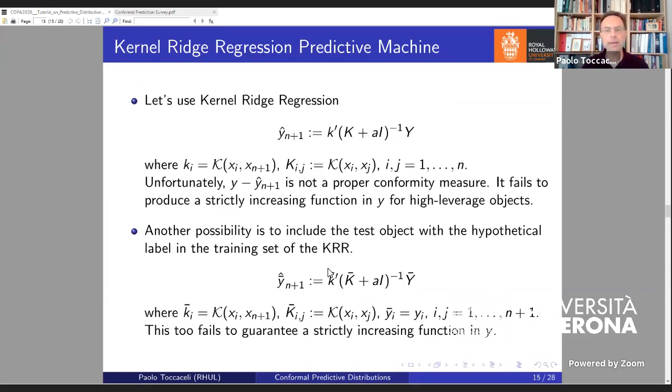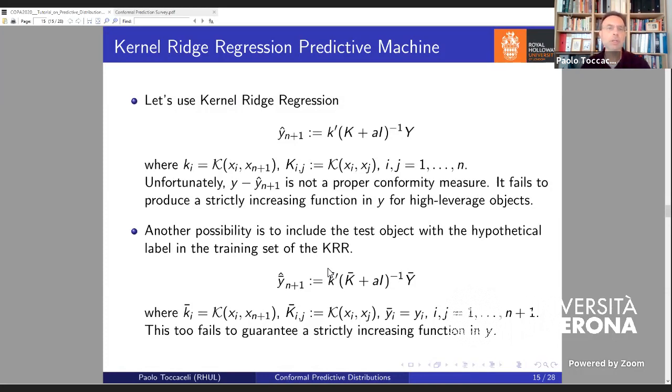So up to now, I defined what predictive distributions are. We talked about the framework of conformal predictive distribution, but I haven't said anything about how to go about constructing one, really. So let's consider now the method of kernel-ridge regression predictive machine.